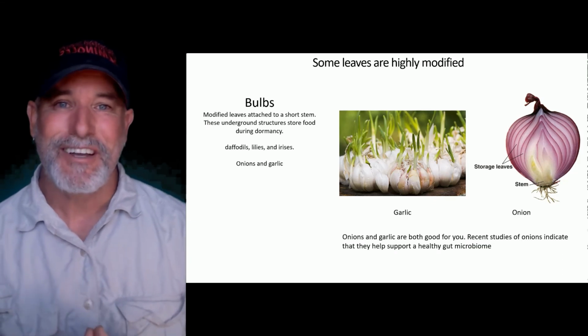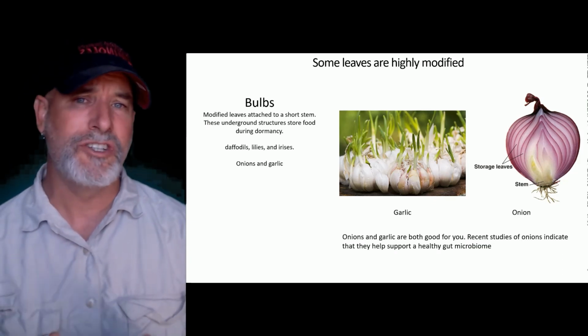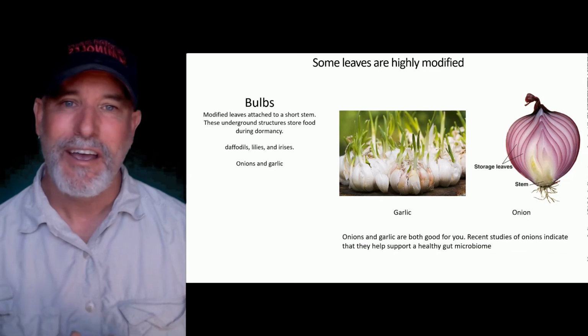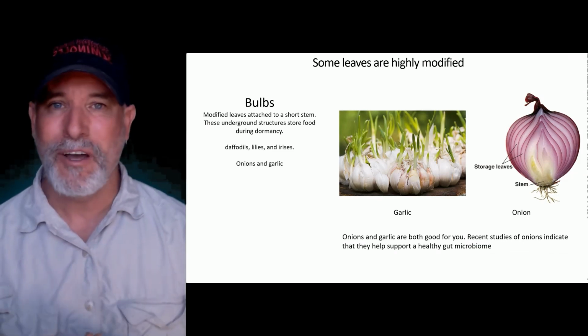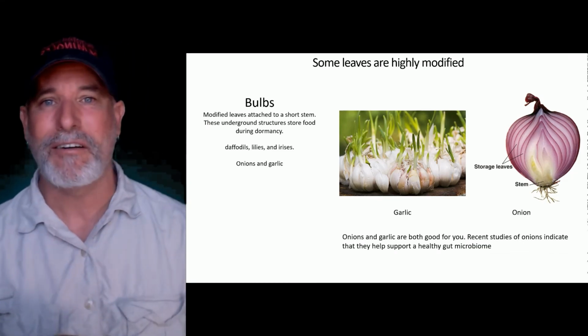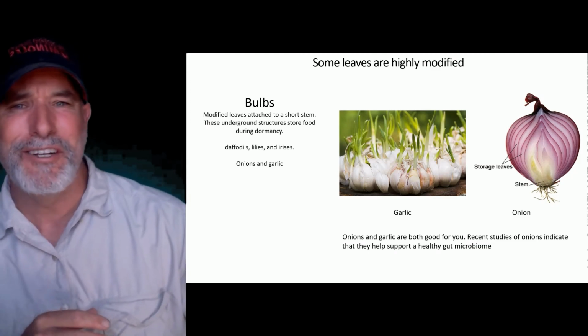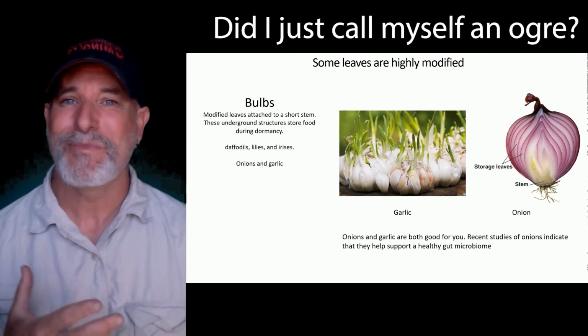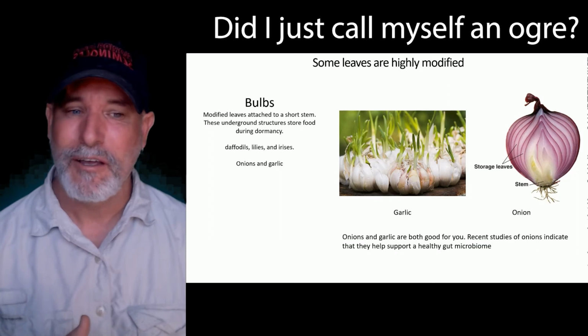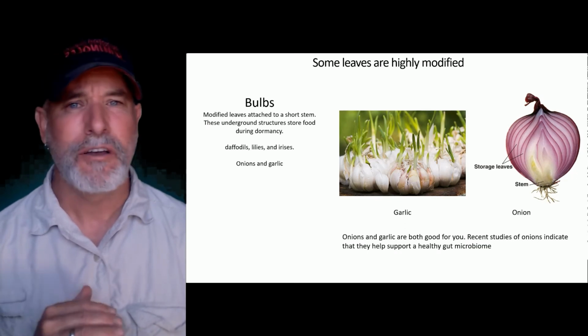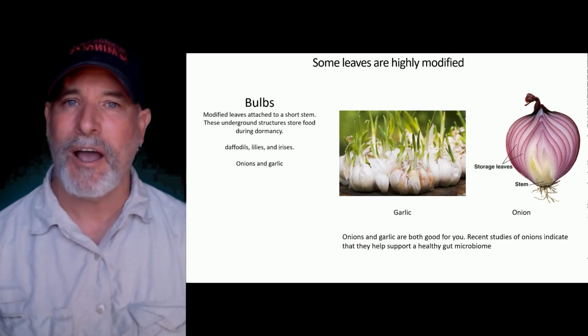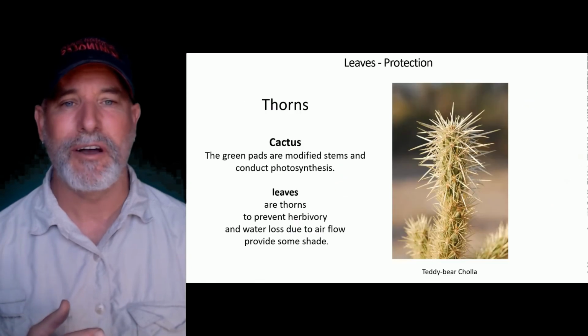Pretty cool, isn't it? So leaves are not always just used for photosynthesis. And next time you open up an onion and you start peeling off every layer, because ogres are like onions. We have layers. Those layers are leaves. And oh, by the way, garlic and onions, very good for you. Flowers and greenery, good for your mental health.